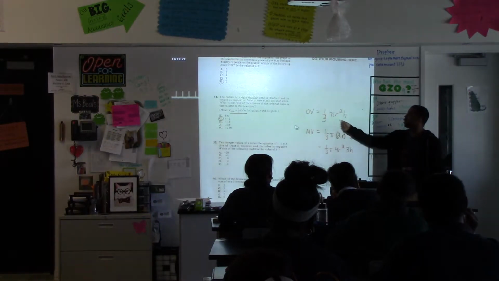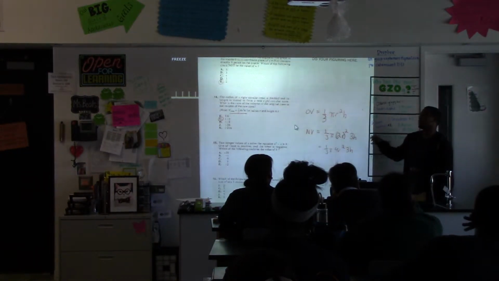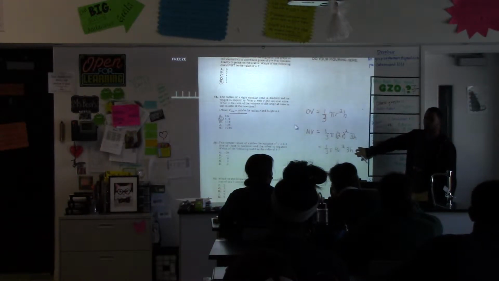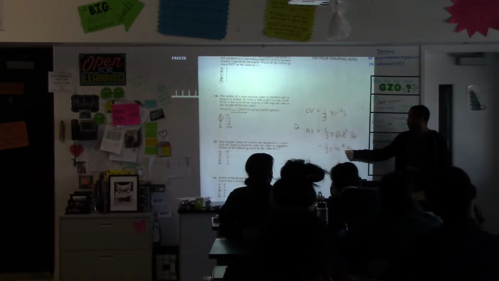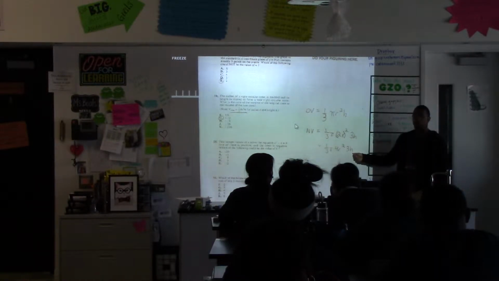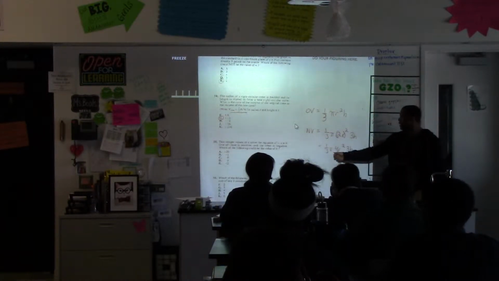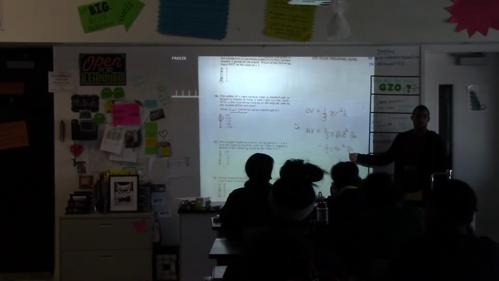And since all these are being multiplied, we looked at the two and said, what two numbers down here are not up here? 4 and 3. Up here it's just r squared, now it's 4r squared. Up here it's just h, now it's 3h. Since everything is being multiplied, we take the two numbers that are different and multiply them.